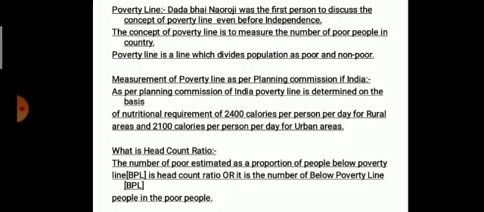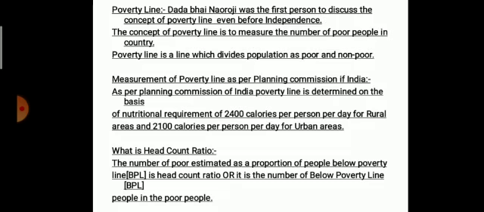Then measurement of poverty line as per Planning Commission is minimum nutritional requirement of 2400 calories and 2100 calories per person per day for rural and urban areas respectively. Then head count ratio is what? It is the number of BPL population among the poor people, below poverty line people among the poor people.